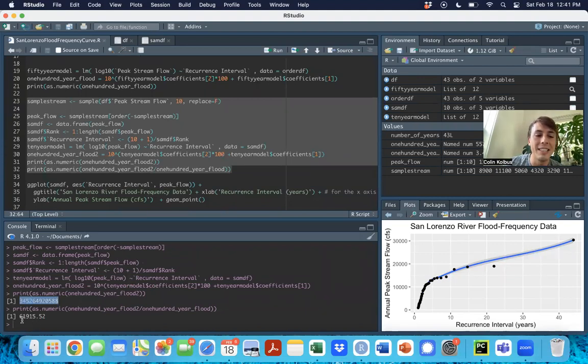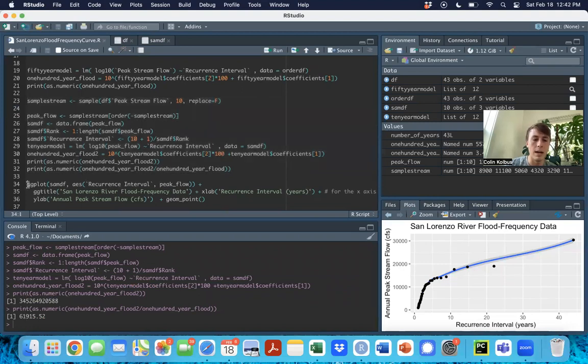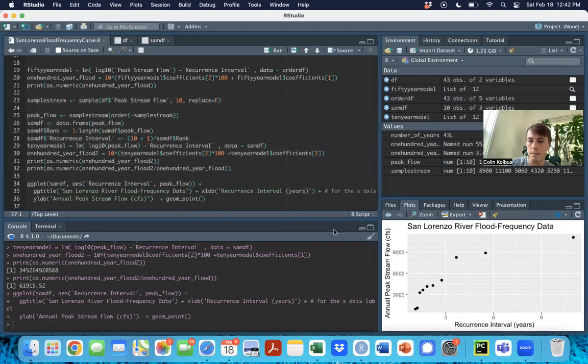The size of that predicted flood is about 60,000 times that of what we predicted with 43 data points. So we've only decreased our sample size by 4, but we've dramatically increased the uncertainty of the value that we're calculating. And I'll make the plot of that here.